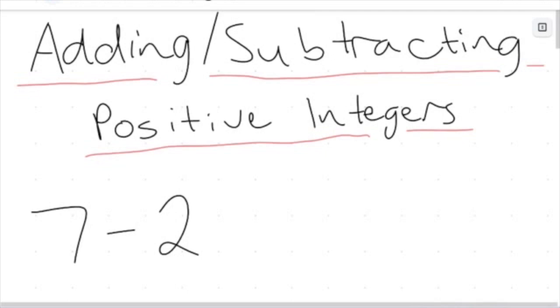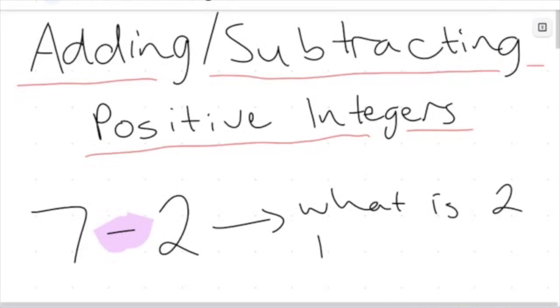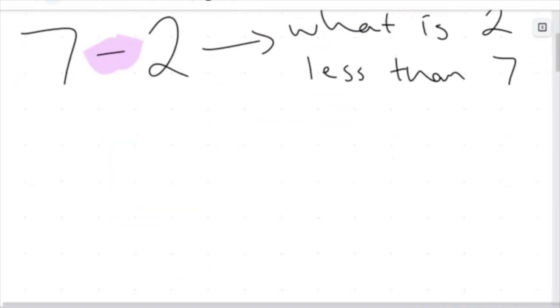In the previous video, we said 3 more than 4 to show 3 plus 4. But here, this negative sign tells us that we're going to be subtracting, or finding a difference between two numbers. So to write this in a sentence, this is saying, what is 2 less than 7? We're taking 2 away from 7.